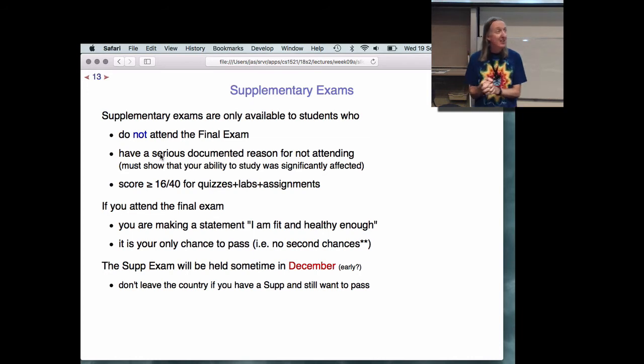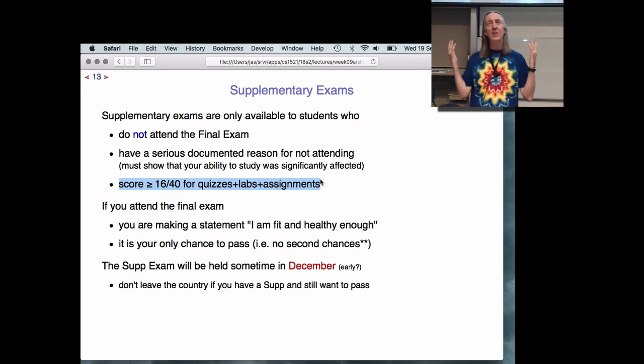If you're sick or otherwise indisposed, or you get hit by a bus on the way to the exam or something, don't attend. If you get hit by a bus, you definitely won't be attending the final exam. Put in some documentation for why you didn't attend, and make sure that by the end of semester you give me a convincing case that you've actually tried in this course.